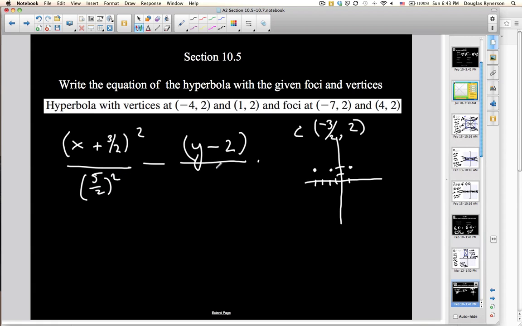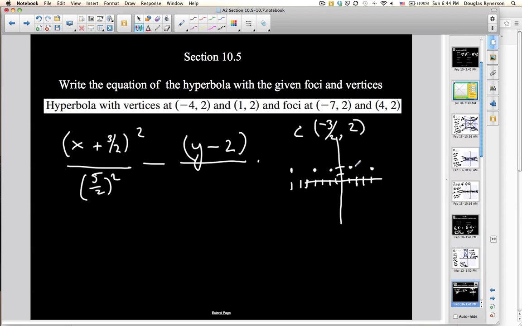Now I still don't know here what my b is, but I do know that I have foci at negative 7, 2 and 4, 2.